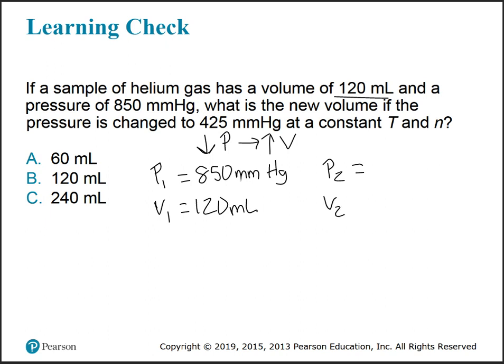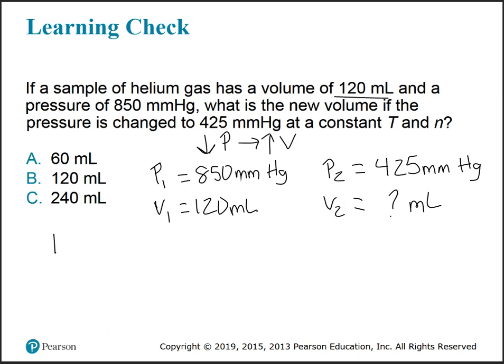Our new conditions, we have the pressure changing to 425 millimeters of mercury. And we don't know what our new volume is, but we know that whatever number we get is going to be milliliters. Doesn't matter if it's liters or milliliters, doesn't matter what units the pressure is in, as long as P1 and V1 have the same units as P2 and V2.